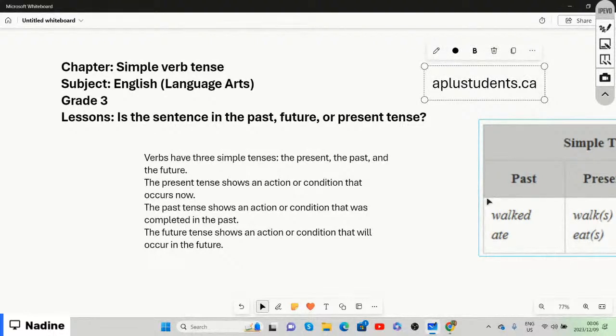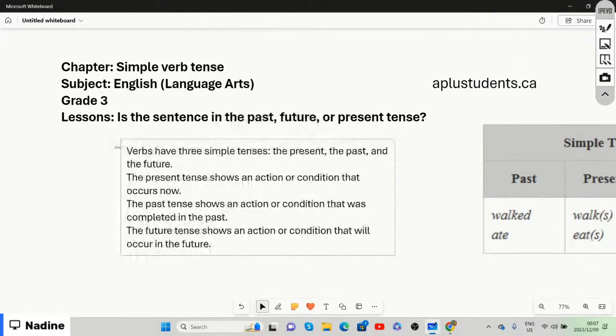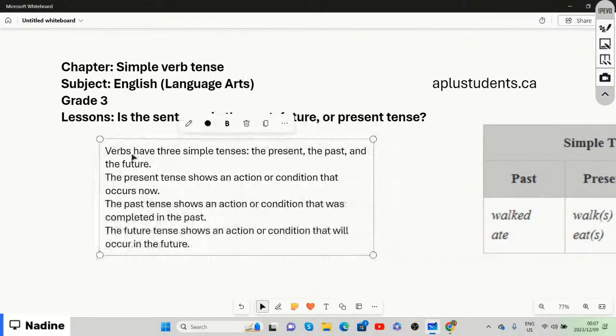Verbs have three simple tenses: the present tense, the past tense, and the future tense. The present tense shows the action or condition that occurs now. It is something that is happening now.